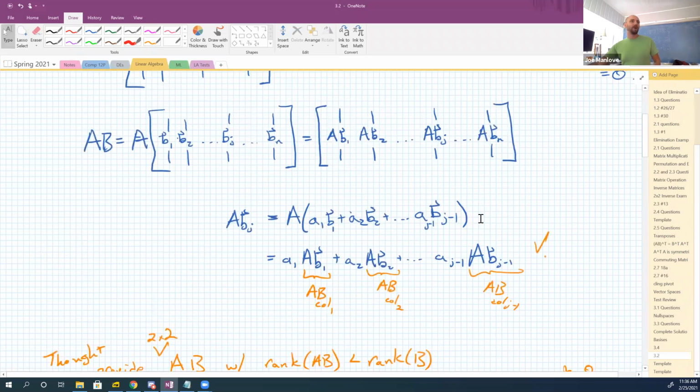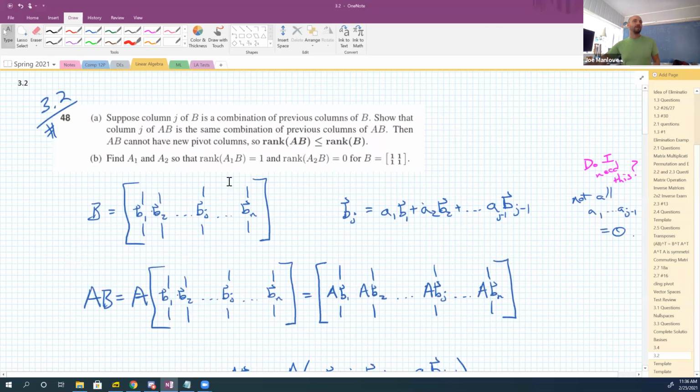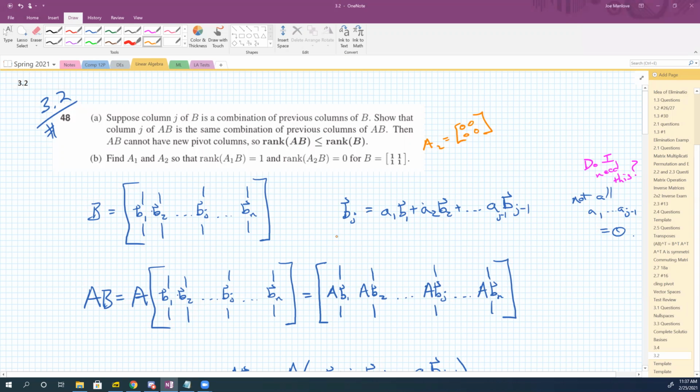Okay, should we take a look at part B here? Part B was roughly that. I'm supposed to find A1 and A2 so that rank of A1B is 1 and rank of A2B is 0, where B is the matrix all filled with 1s. So I think we found that A2 can just be taken to be the 0 matrix. Right? Okay. Any bright ideas for A1 here?